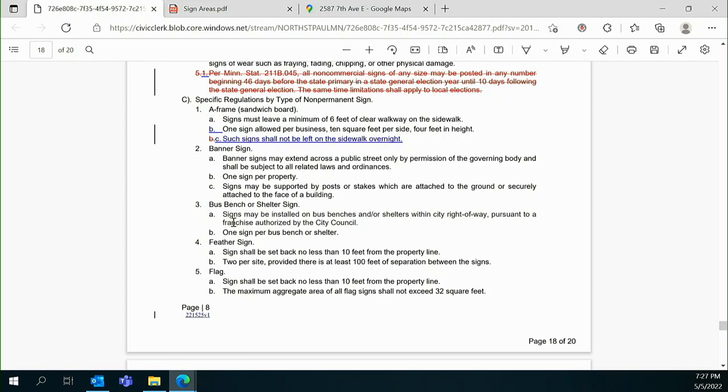Like we have a feather sign, we have the flag sign. So the 10-foot setback was for freestanding signs only? Yeah, and this is posts or stakes, and I thought, well, there are a lot of non-permanent signs that would never even come close to meeting any setback, floating around all over the place, every day.